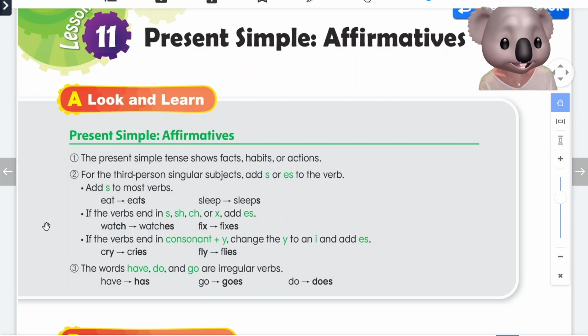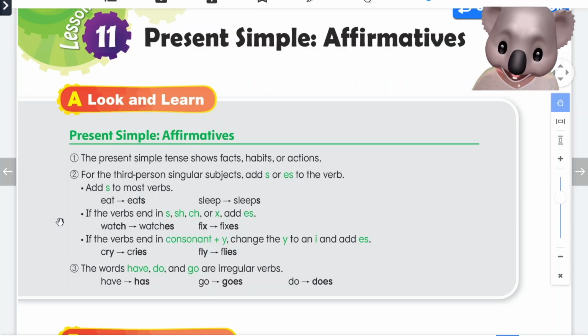For example, she eat가 아니라 she eats. But if the verb ends in s, sh, ch 또는 x, we need to add es. For example, she watch가 아니라 es 붙여서 she watches 또는 she fixes.